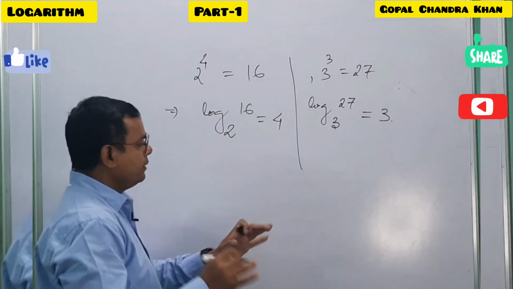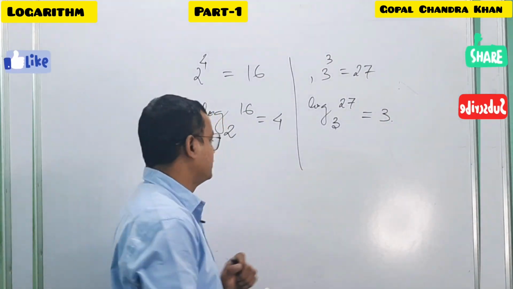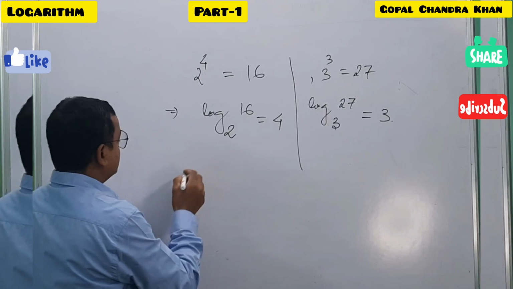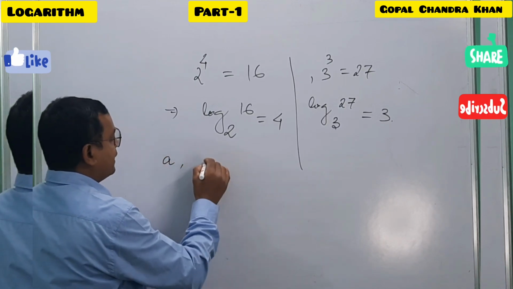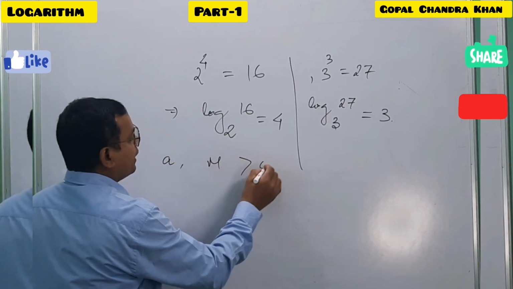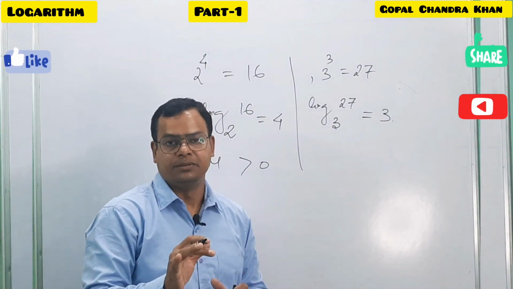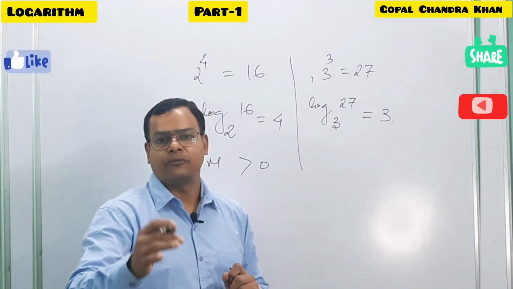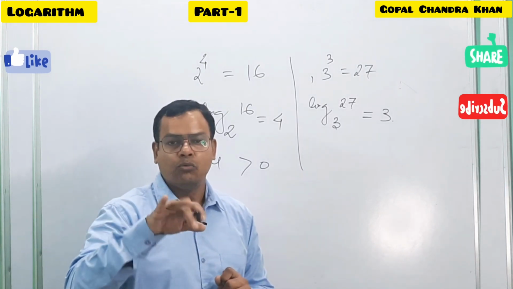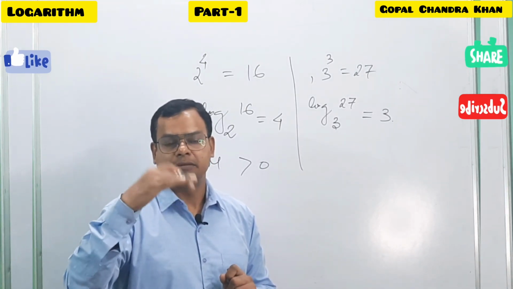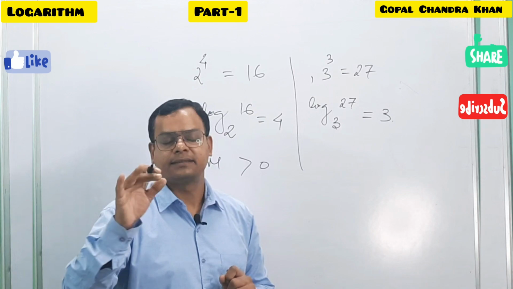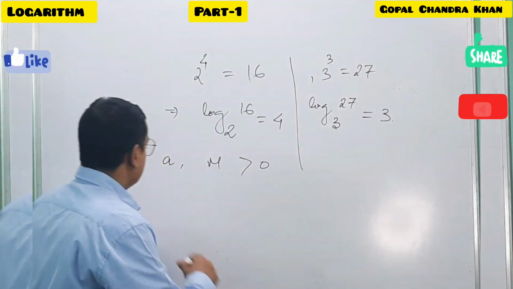Okay, let me show how things are coming. Let us take two things, one is a, another is m. Both are greater than 0, means they are positive, like 1, 2, 3, 4, more than 0. They have positive values.